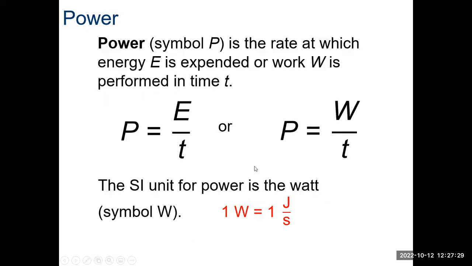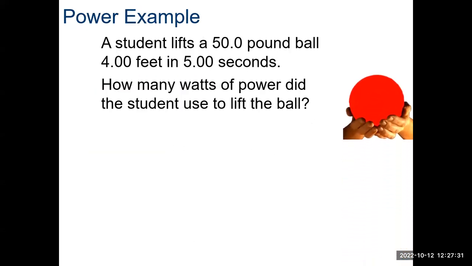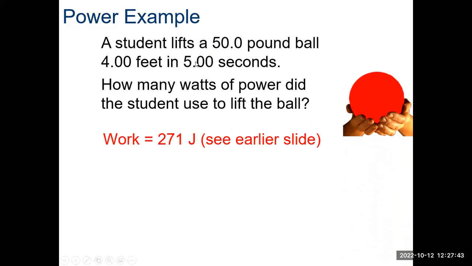Let's get into our power example. A student lifts a 50-pound ball 4 feet in 5 seconds. How many watts of power did the student use to lift the ball? Referring back to our previous slide, work, we calculated, equals 271 joules.